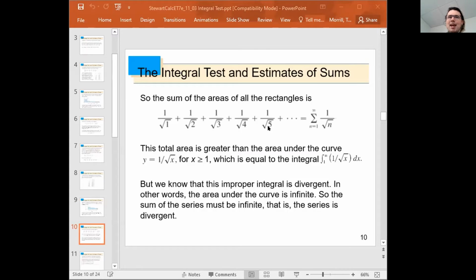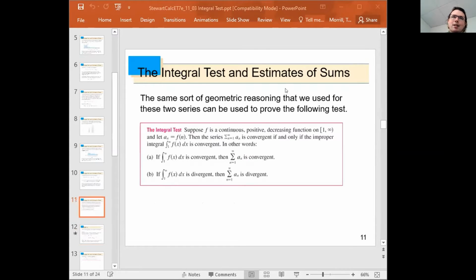Now, I want to get a little bit more technical than that. These two observations we've made here, with the series that converges and the series that diverges, there is a formal test that we can use. And there are two different versions of it. So this is called the integral test.